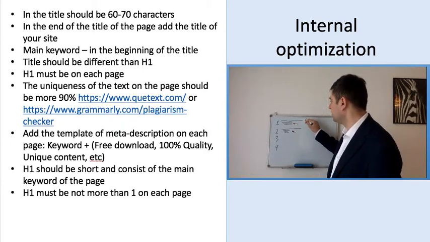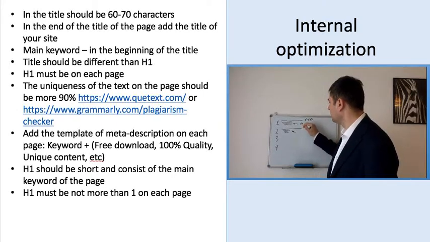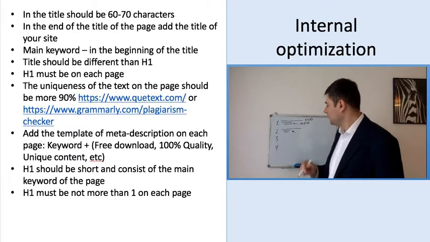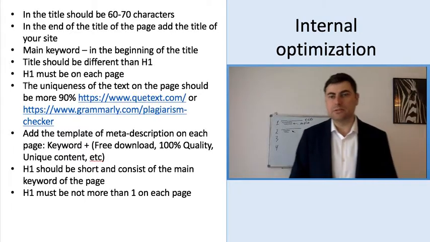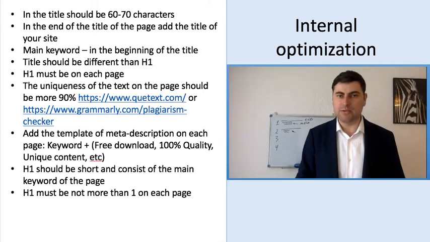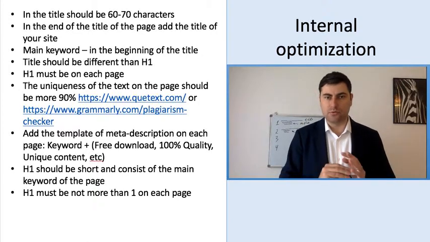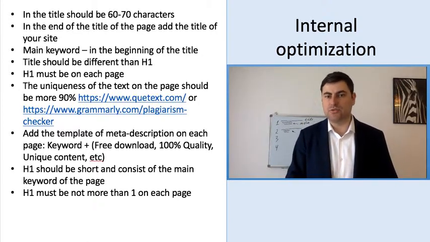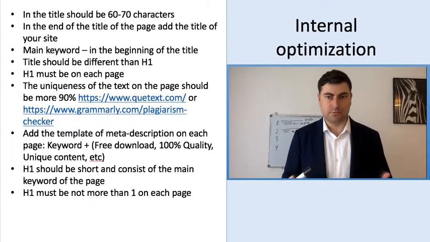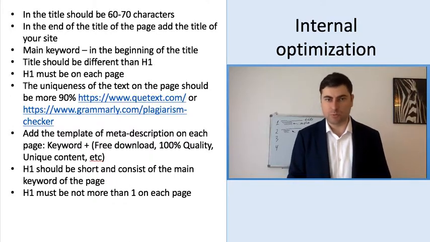Here is the title. Here is the meta description. This is a very important part, so pay attention to creating meta description templates and edit them using SEO plugins, for example, on your WordPress website.